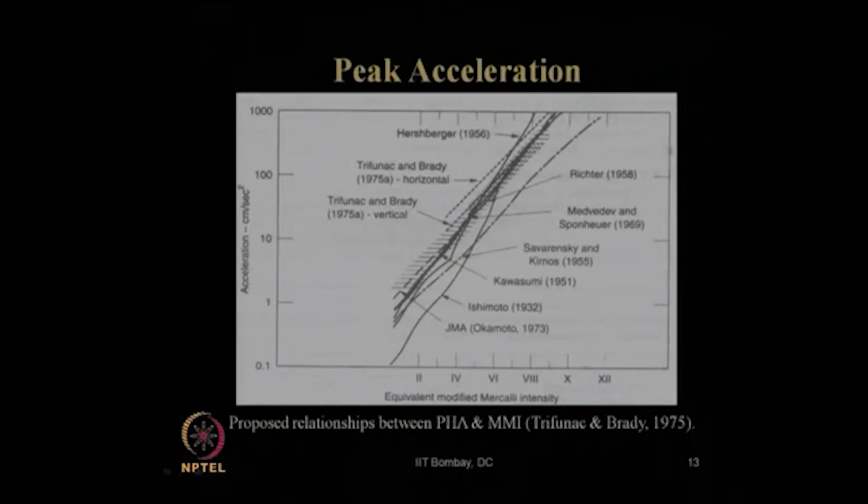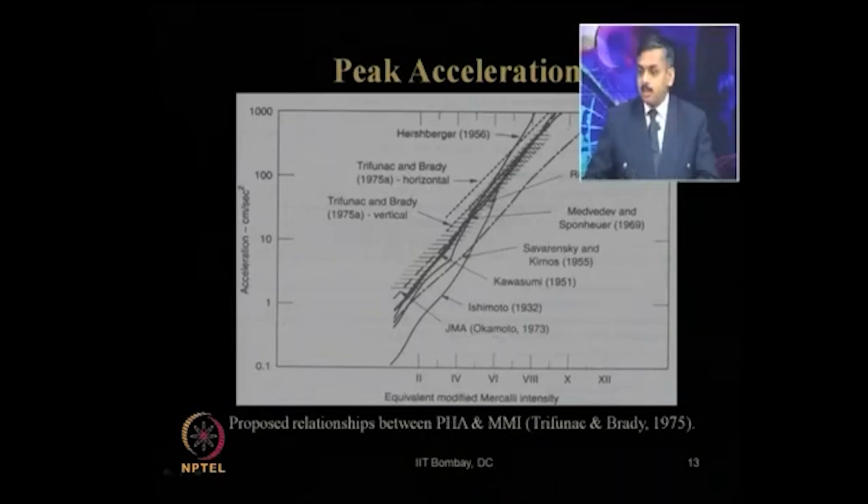He worked on this area extensively, and he proposed acceleration in the unit of centimeter per second square compared with the equivalent MMI scale. For horizontal, he has proposed this line as the equation. Suppose it is a 6 MMI intensity, one can use this line to find the corresponding PHA.